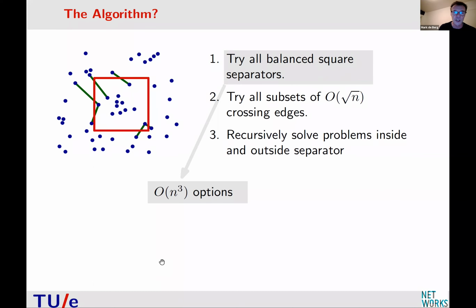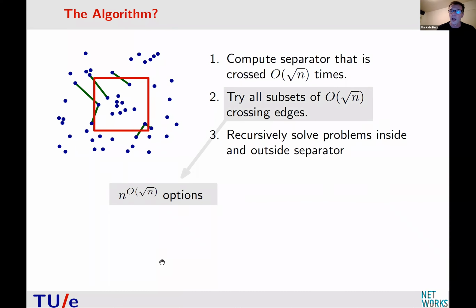So I'm going to try a polynomial number of different separators. For each such separator, I'm going to say, well, suppose that this would be the optimal or the real separator that I want. Then I know that it's crossed only square root of n times. So let me simply guess the edges that are crossing this square. I'm going to guess a subset of square root of n edges and assume that these are the edges of my optimal tour.